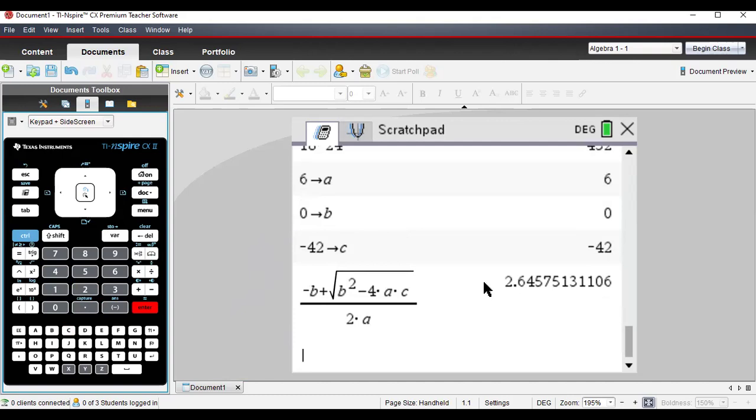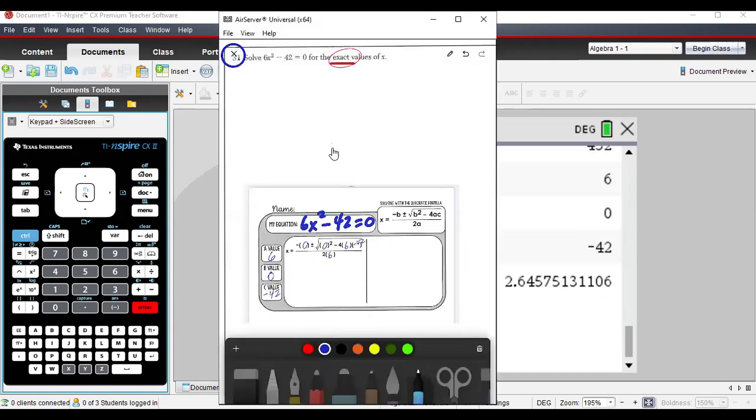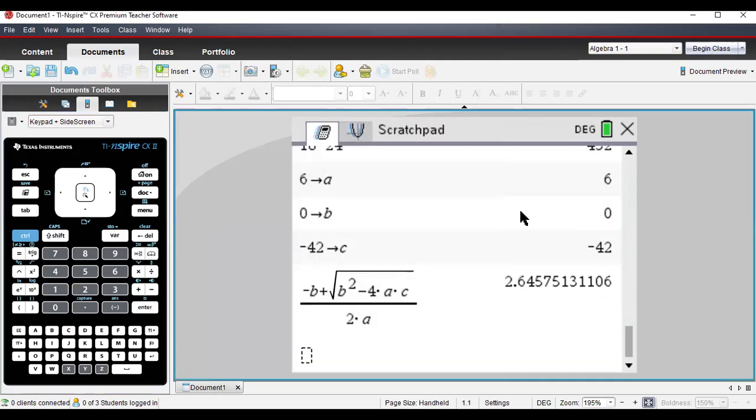The question has said I don't want decimals, I want the exact value. So just like we did in question number 11 or question number 12, and I'm going to put a link in here to question number 12, I have to go back and look at just the part inside the square root.